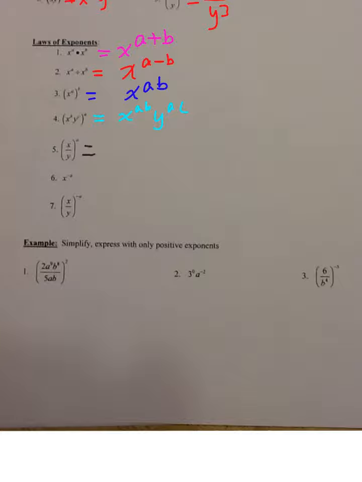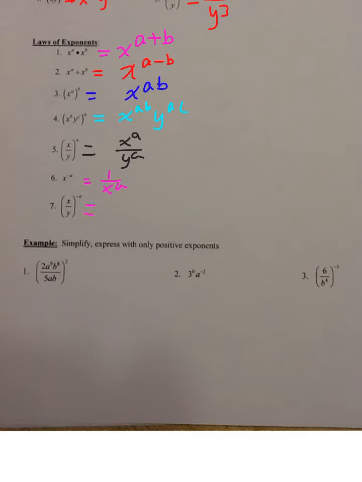All right, power of the quotient, x over y raised to the a power is x to the a over y to the a. x to the negative a is equal to 1 over x to the a power. So when you have a negative exponent, it goes into the denominator and becomes a positive exponent.